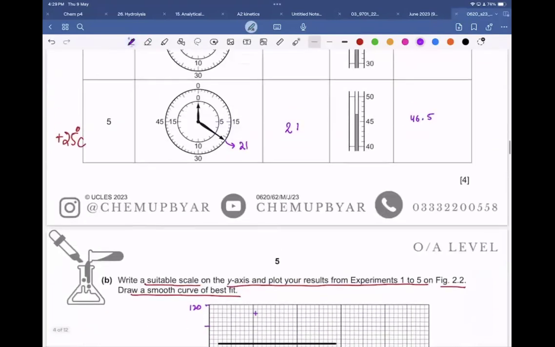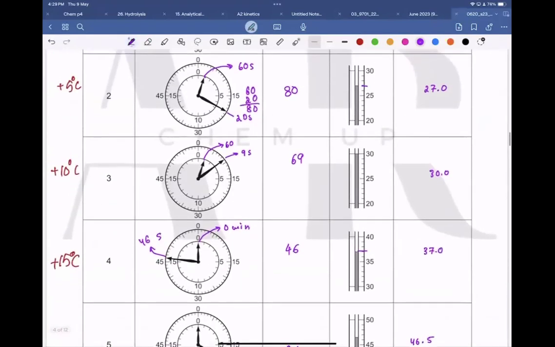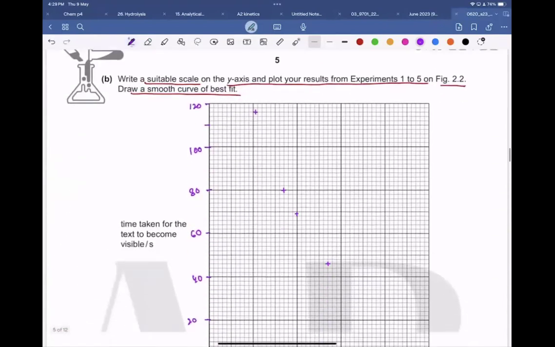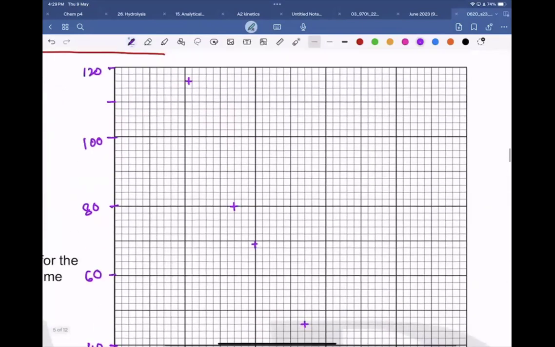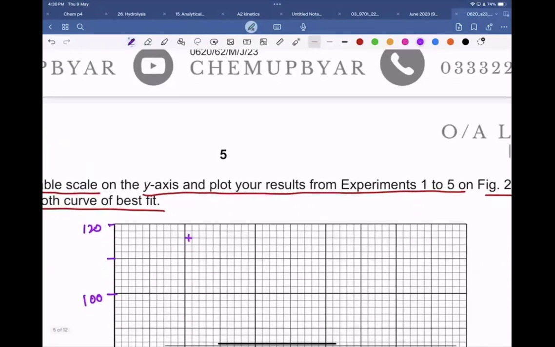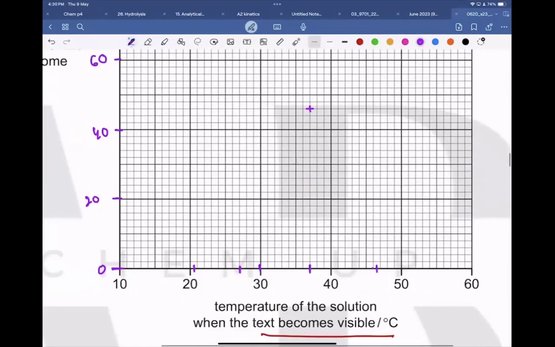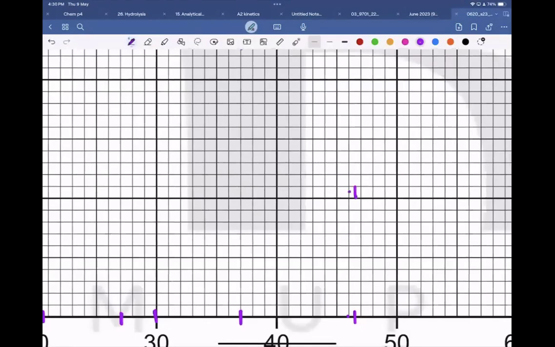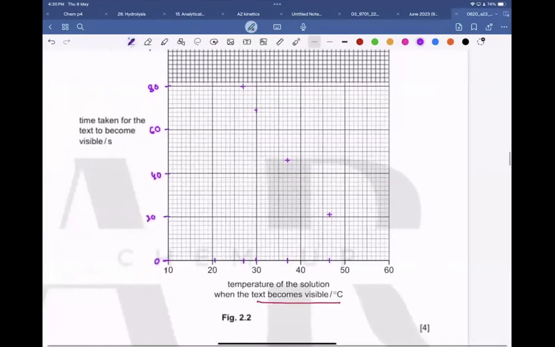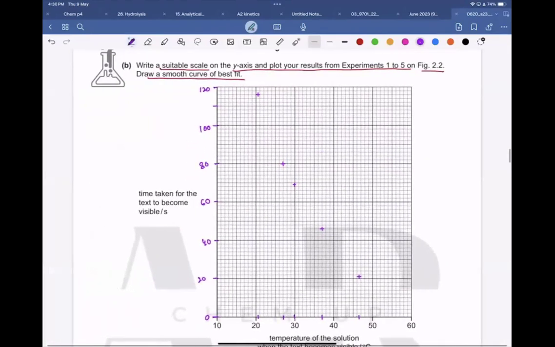Then at 46.5, it's 21. So 46, 46.5. And the time is 21 seconds. So at 46.5, 21 is going to be over here in the middle of the box. So see, we got this.